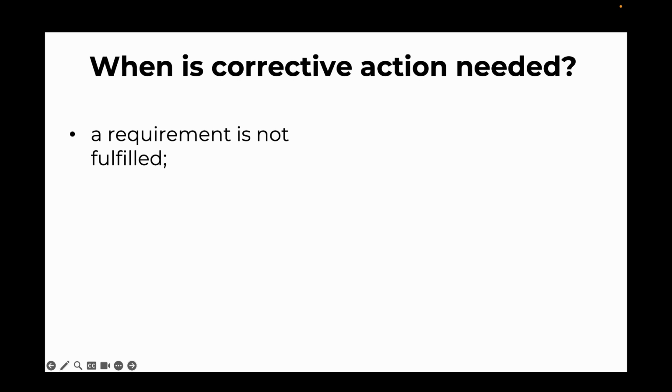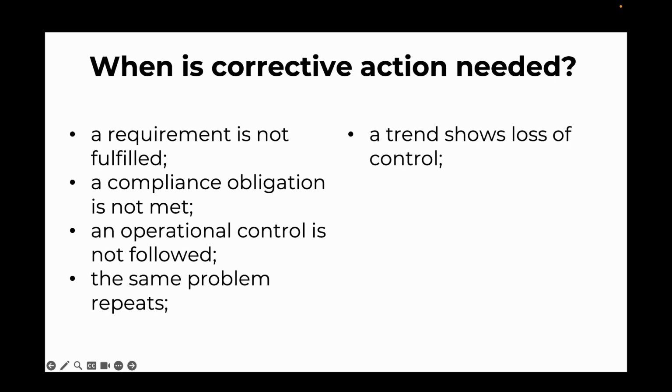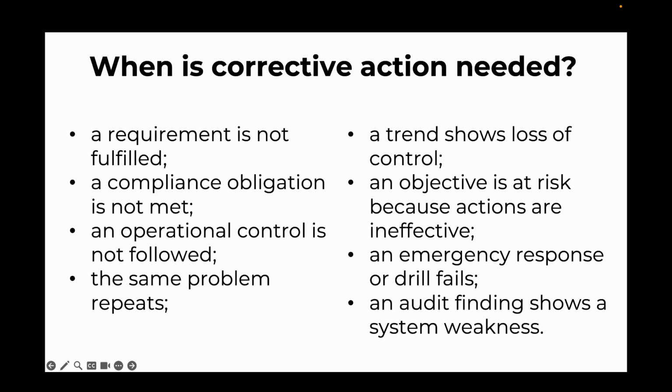Corrective action may be needed when a requirement is not fulfilled, when a compliance obligation is not met, when an operational control is not followed, when the same problem repeats, when a trend shows loss of control, when an objective is at risk because actions are ineffective, when an emergency response or drill fails, or when an audit finding shows a system weakness. The decision should be based on significance, recurrence, risk, environmental impact, and compliance consequences.